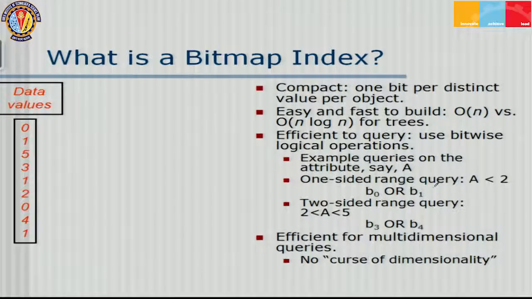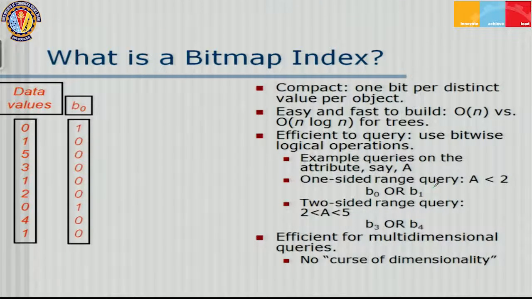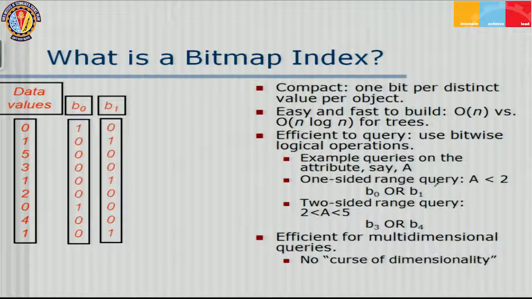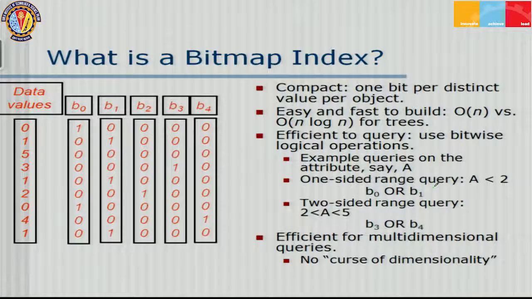So what is a bitmap index? To understand this, let us take a simple example. Say you have data values of an attribute in a table: 0, 1, 5, 3, 1, 2, 0, 4, 1. What we do is we create a bitmap called B0, then we create bitmaps B1, B2, B3, B4, B5.